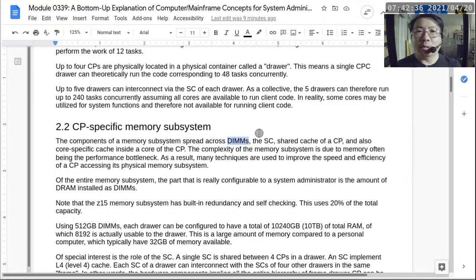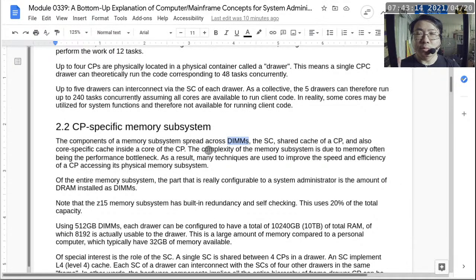However, there are other components to help speed up the access to memory that is technically inside the DIMMs. So the system controller, which has system level 4 cache, and then the CPs, which have level 1 to level 3 cache, they are all a part of the memory subsystem. Even though the content is technically only stored in the DIMMs, the other components help to access the content quickly. The complexity, this is something that we just talked about earlier, why it is spread all over the place.